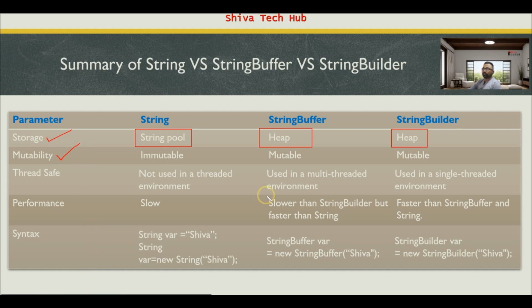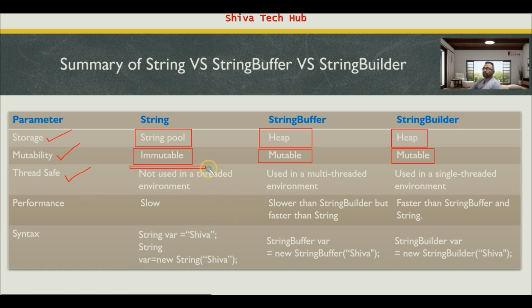Now let us understand the second parameter, which is mutability. As I said in the previous slide, String is immutable, which means it cannot be changed, whereas StringBuffer is mutable and StringBuilder is mutable as well. It means we can manipulate the content of that particular string. Now let us understand it in terms of the threading parameter.